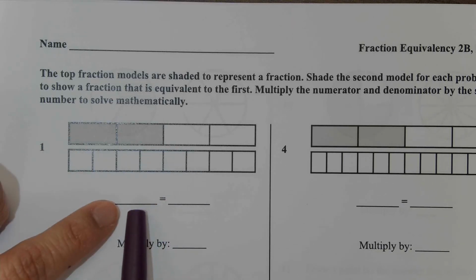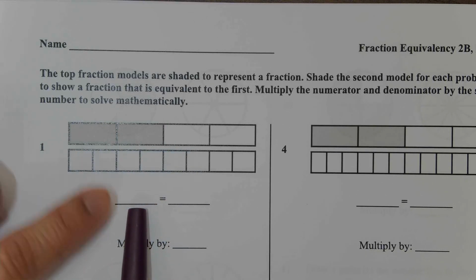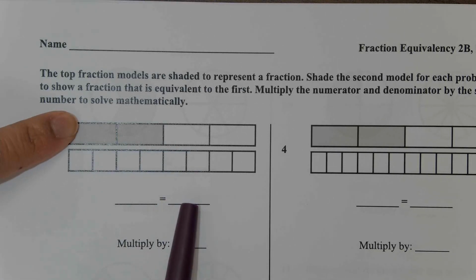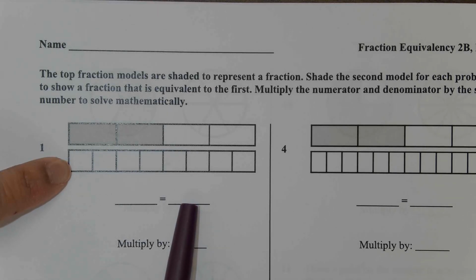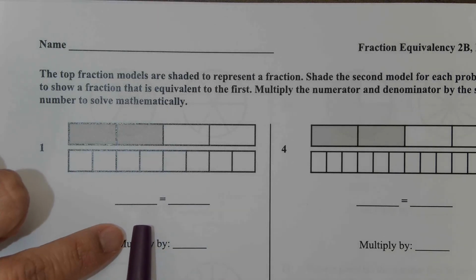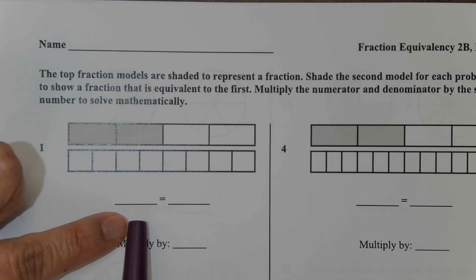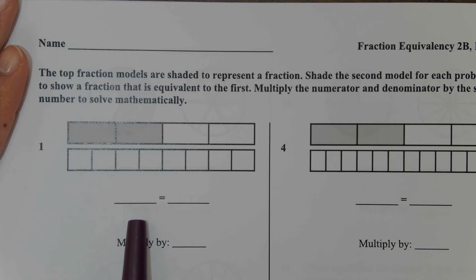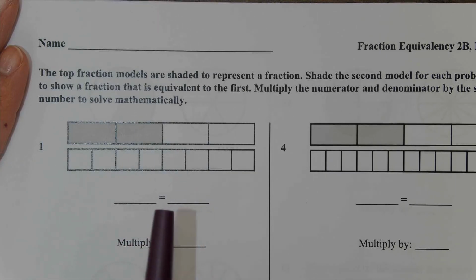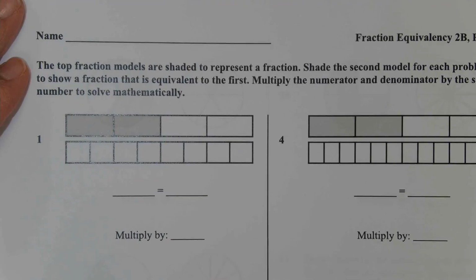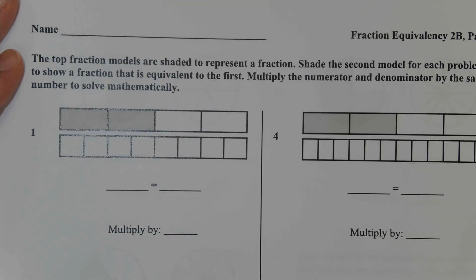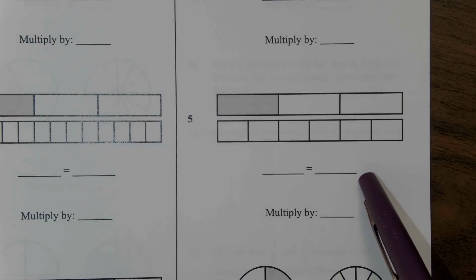You will write your first fraction here, and then you will write your second fraction here, and then you ask yourself, what can I multiply my numerator and denominator by to equal my fraction? Okay, you'll do that for numbers 1 through 5.